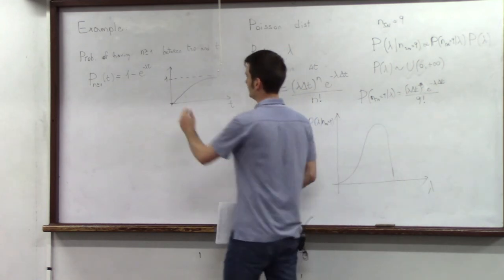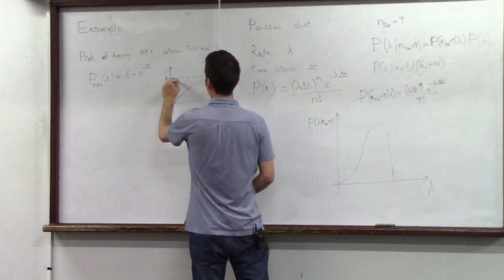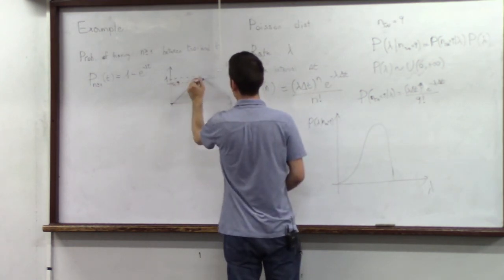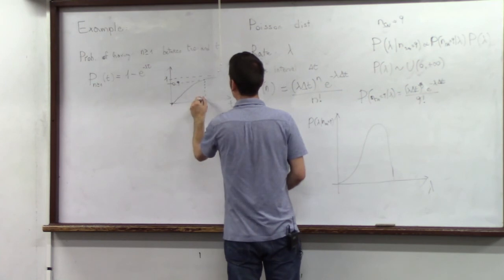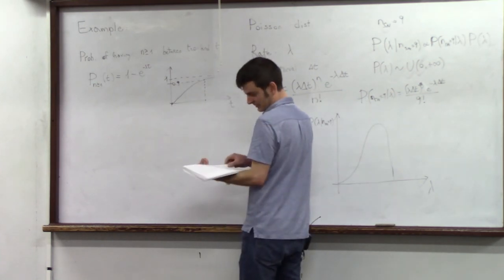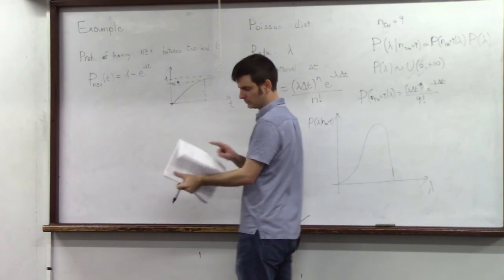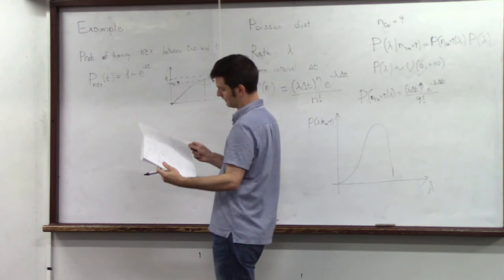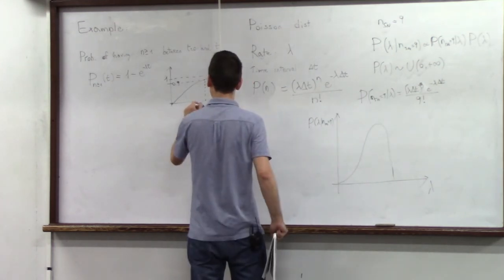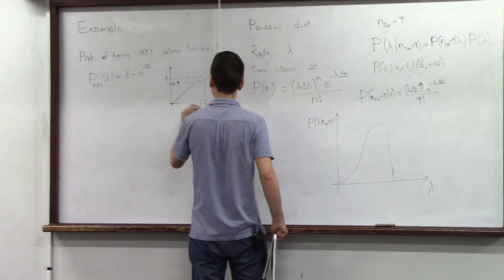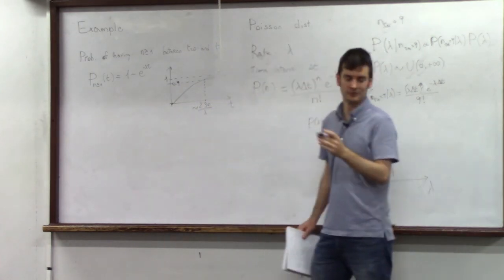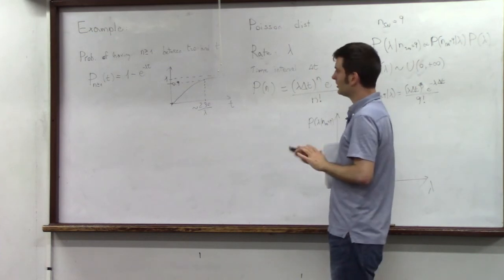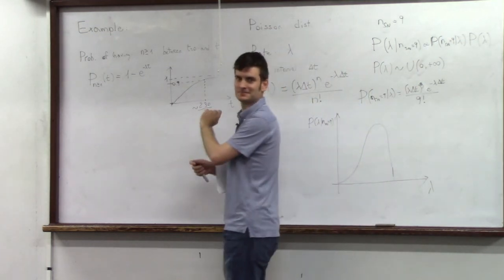For instance, the value at which there's a 90% chance of that happening corresponds to roughly 2.30 over the rate.